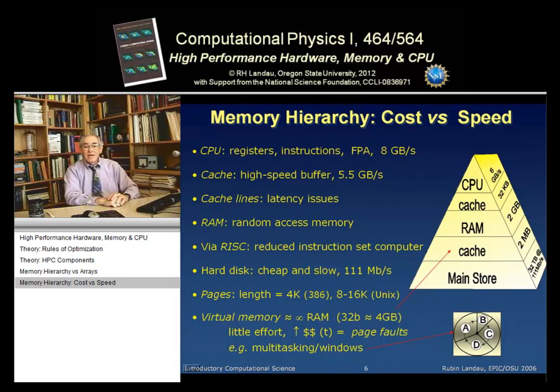So in multitasking, which used to occur on Windows rarely, but mainly on Unix machines, but now also on Windows and Macs, when you have lots of jobs running at one time, or you have lots of windows open at one time, what's happening is you have memory here, and you have the programs residing in different parts of RAM. And of course they all don't reside.